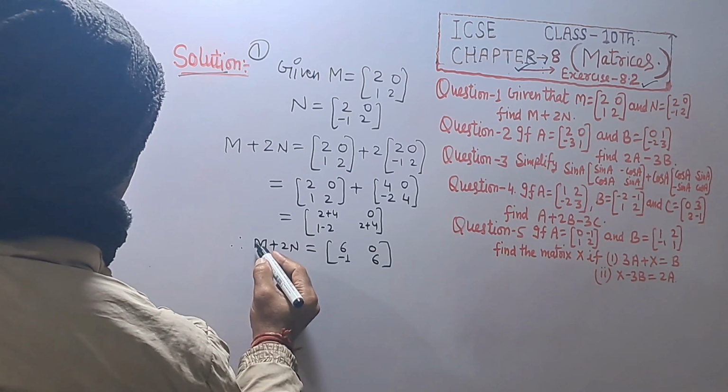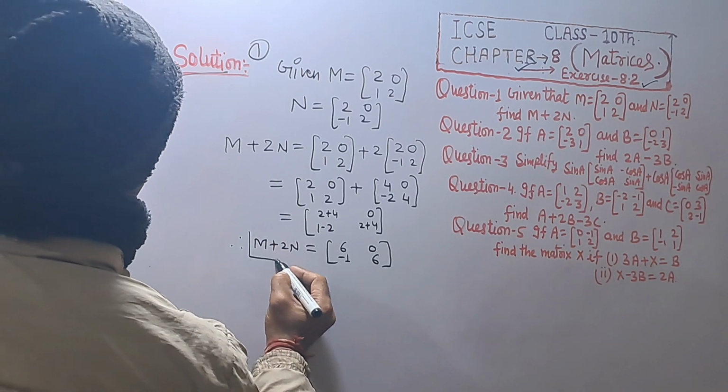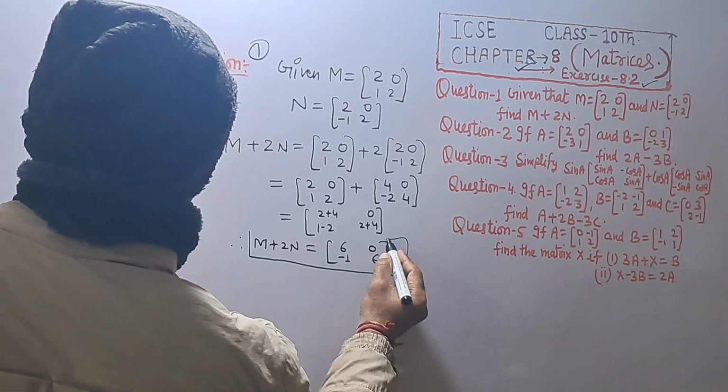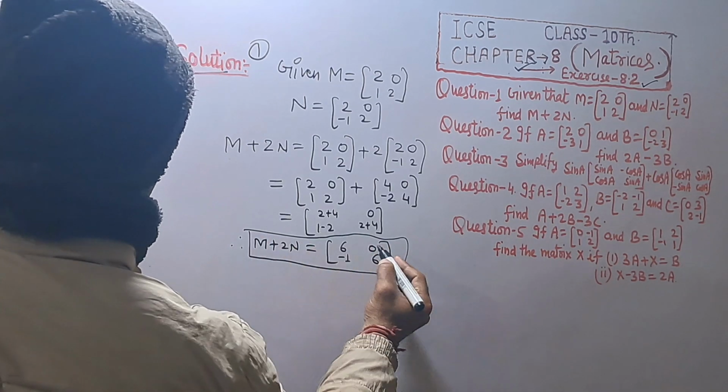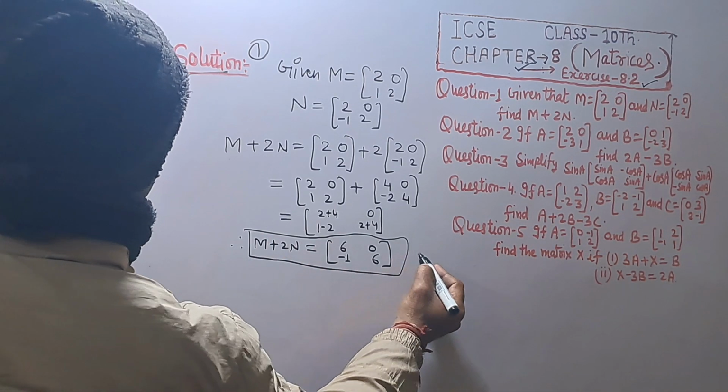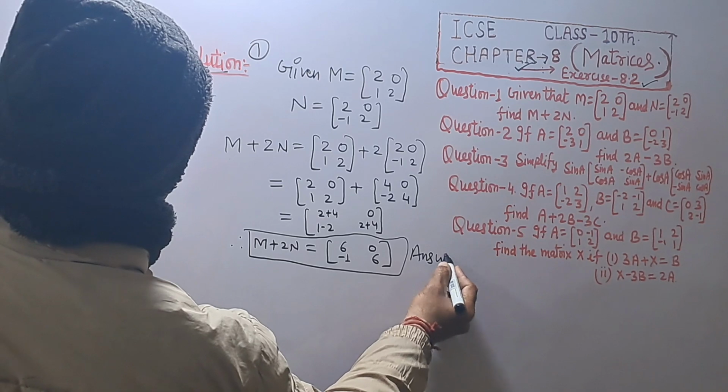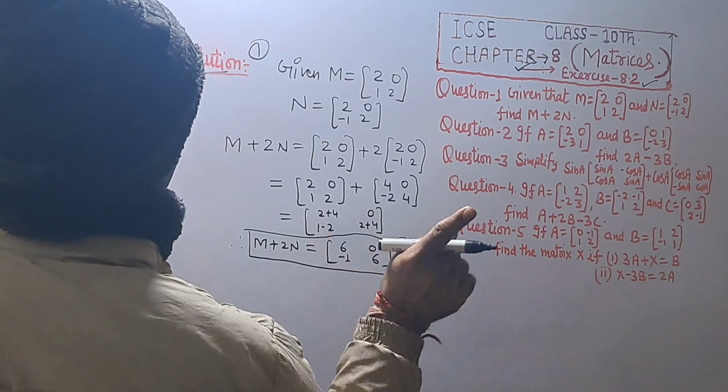So m plus 2n is equal to [6, 0; -1, 6]. Answer.